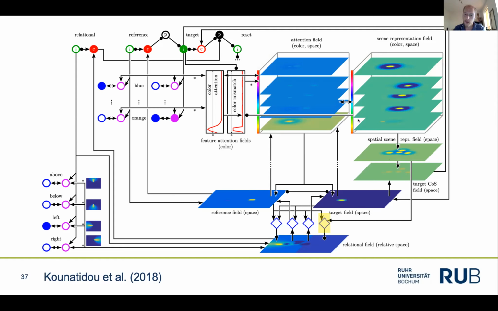So this is achieved then by projecting the locations of all the objects that are already in the model into a 2D field and transforming those locations into relative coordinates, which then inhibit the relational field at those locations, thereby preventing them from forming a peak there.